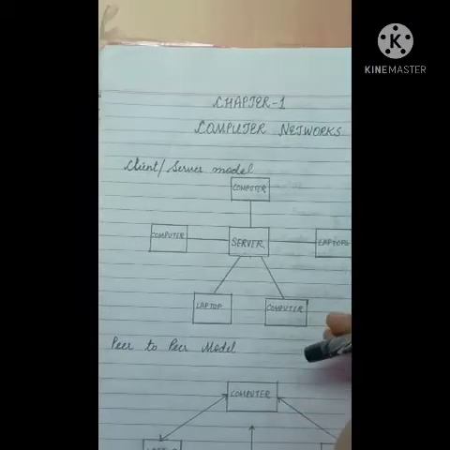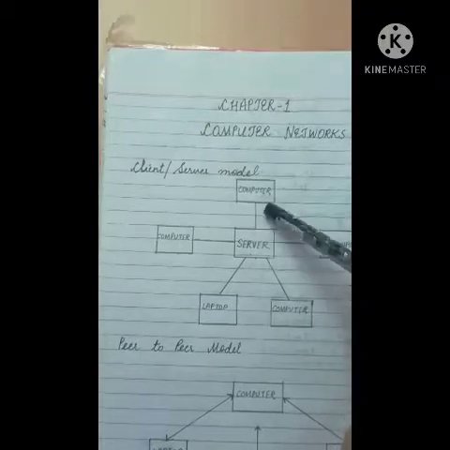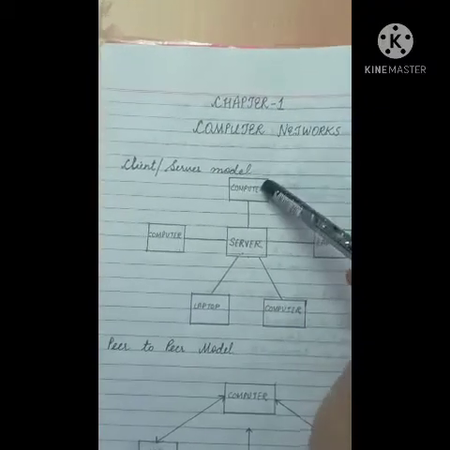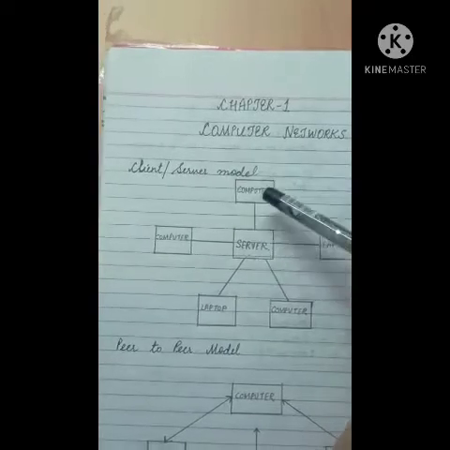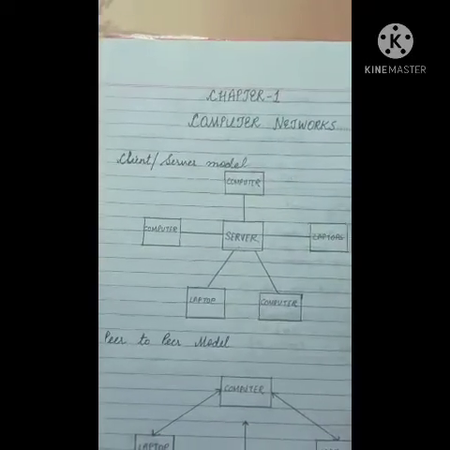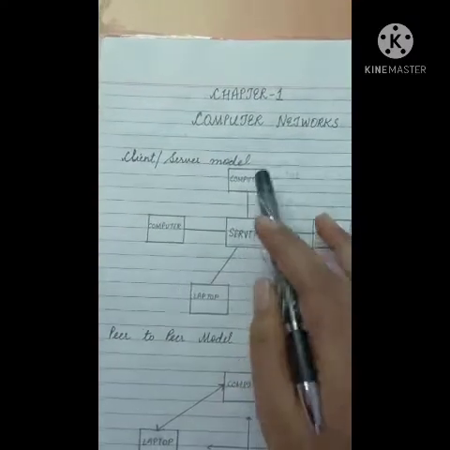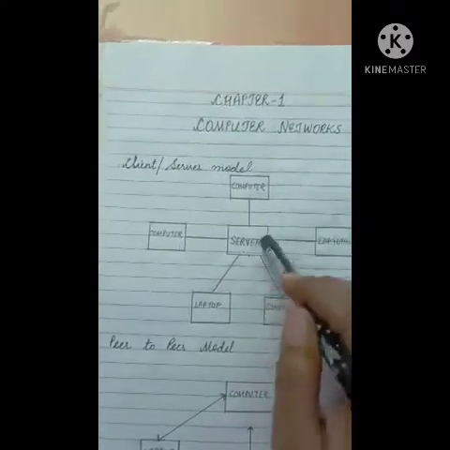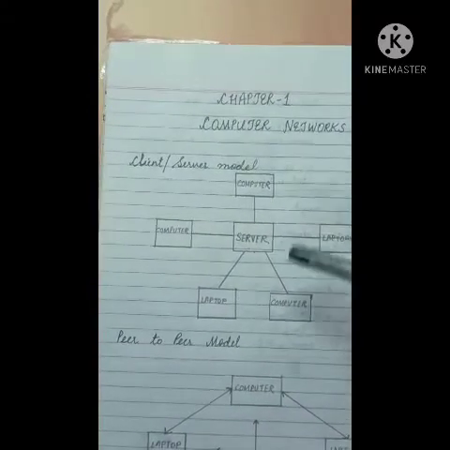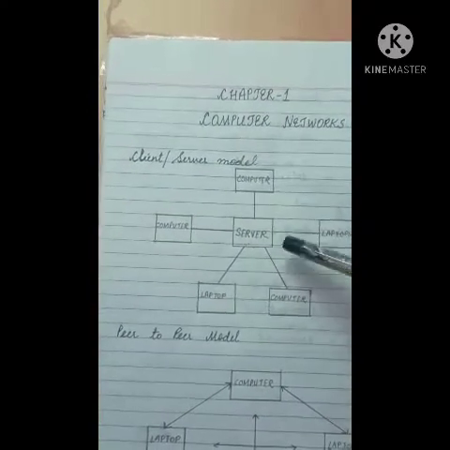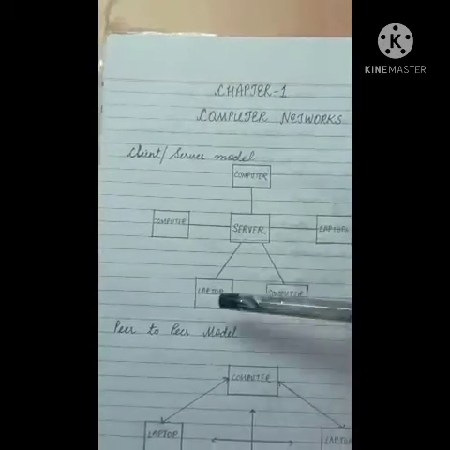Now a computer connected to a network is called a workstation. The workstations connected to the server in the network are called clients. Clients depend on the server for resources. See this figure. All these are laptops and computers.